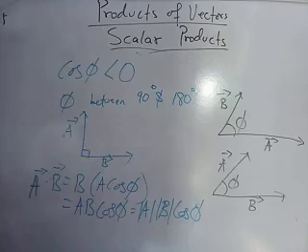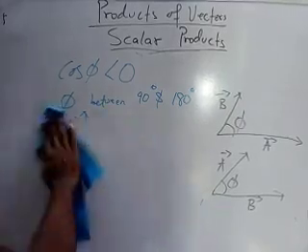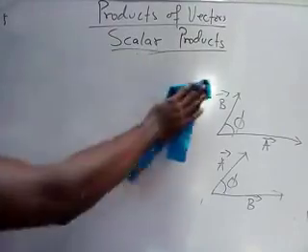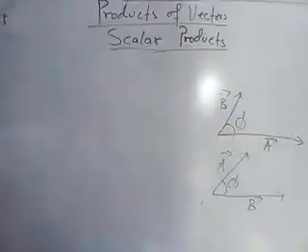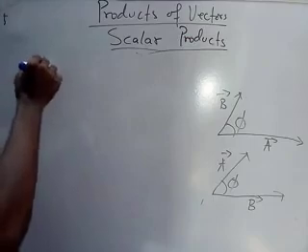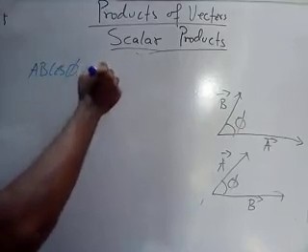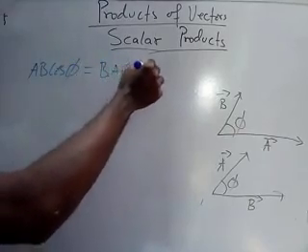So for any two vectors, vector A and vector B, from what I have done so far, AB cos phi is the same as BA cos phi.